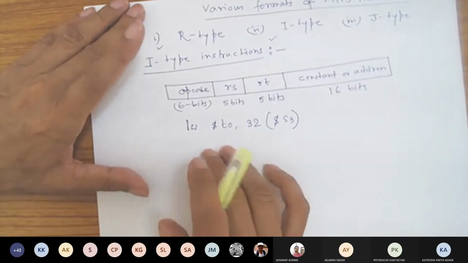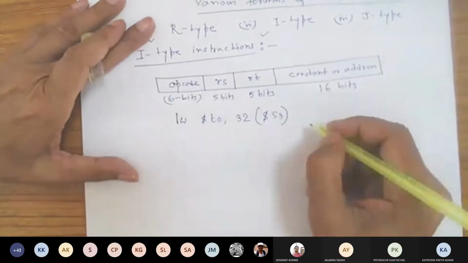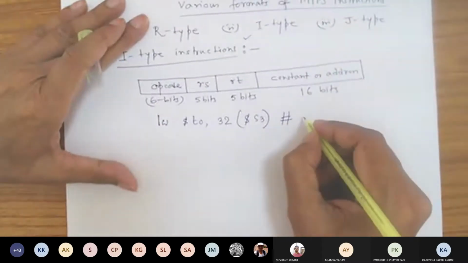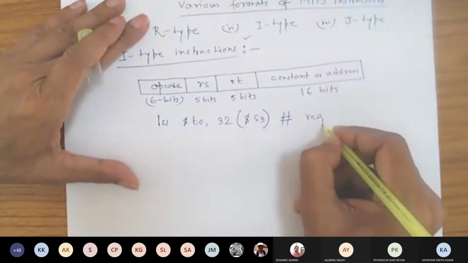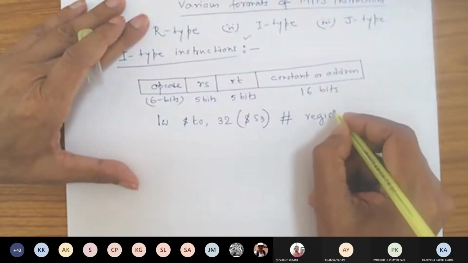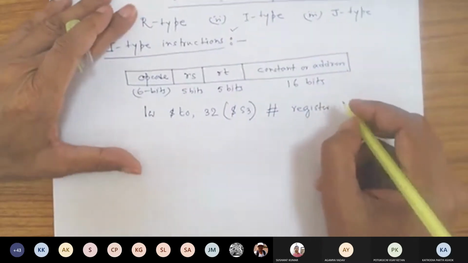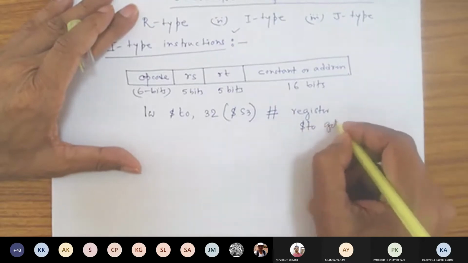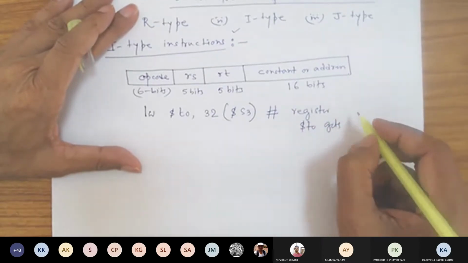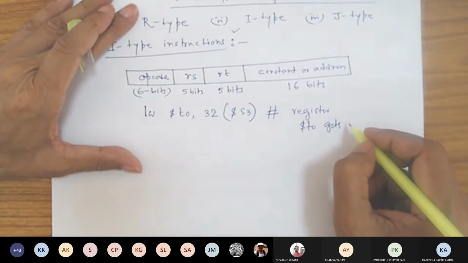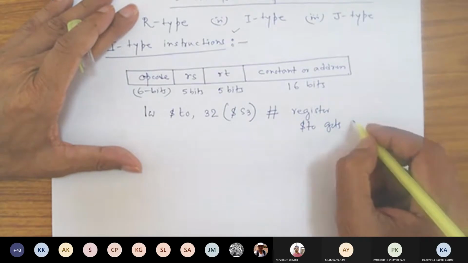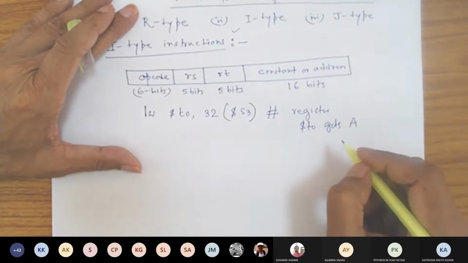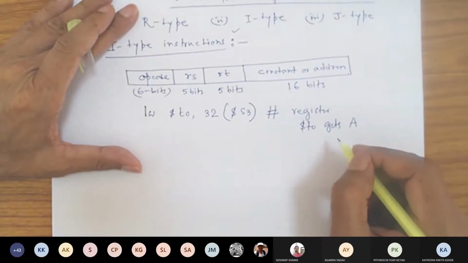So what this instruction does is register $T0 gets an array A. Let's assume that A is the base address which is stored into register S3.